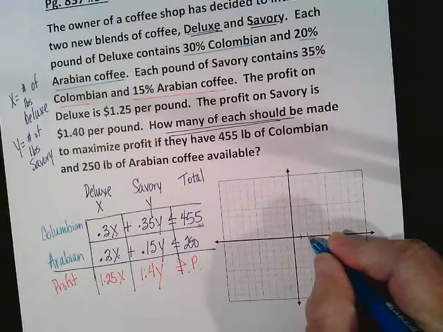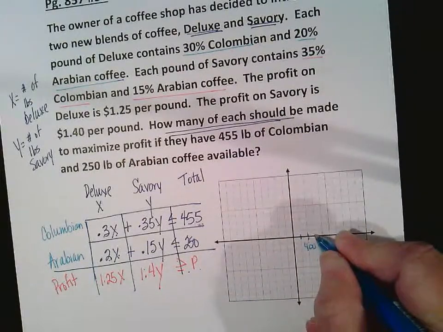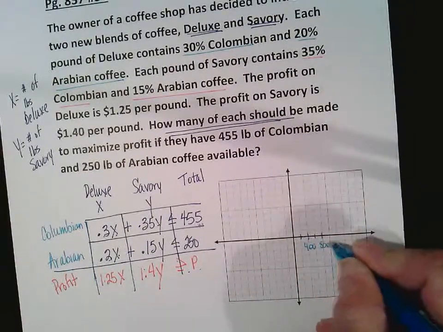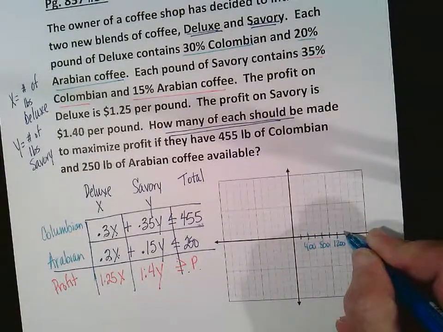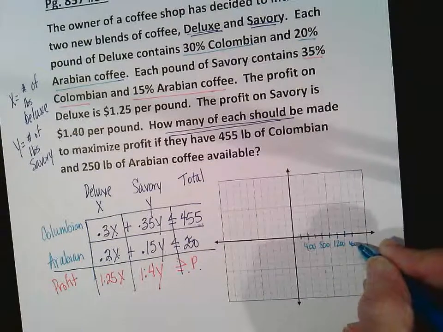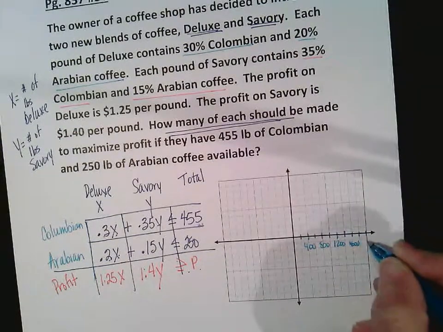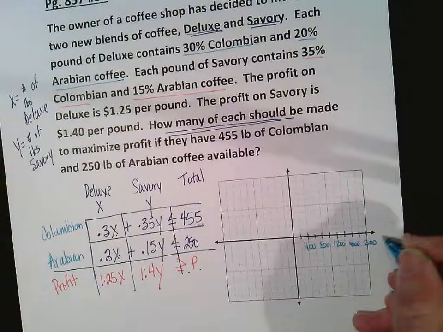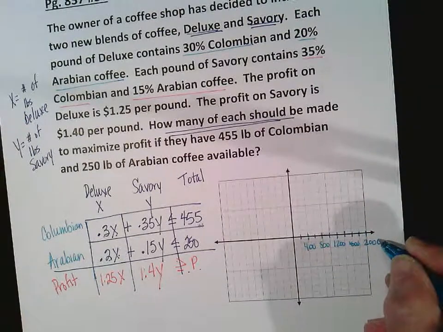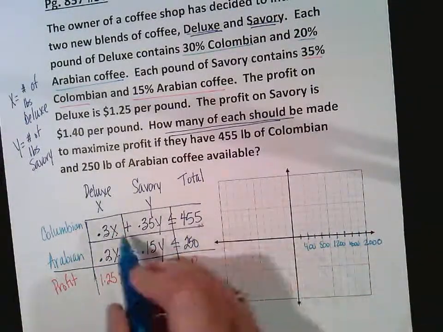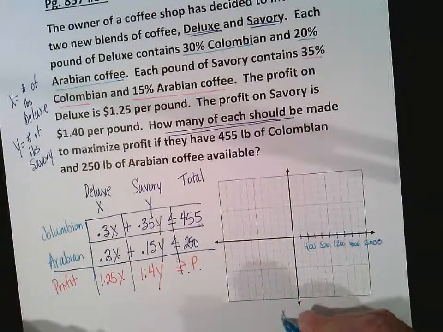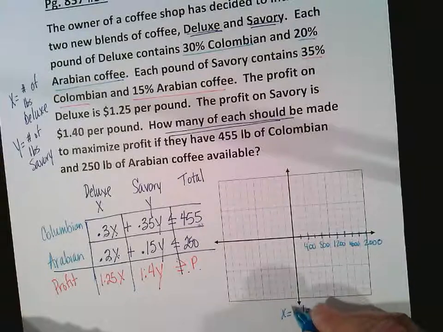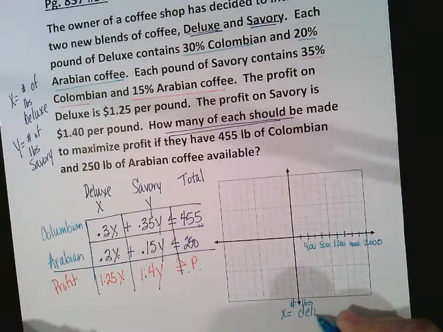So that's 200, 400, 600, 800, 1,000, 1,200, 1,400, 1,600, and then this last one, 1,800, 2,000. And are my X values my deluxe? My deluxe is my X, and this is the number of pounds of deluxe coffee.